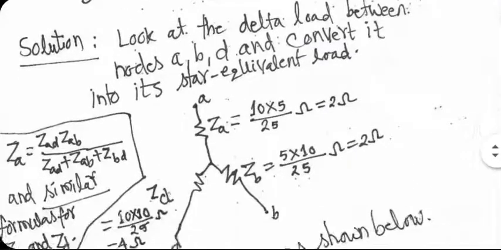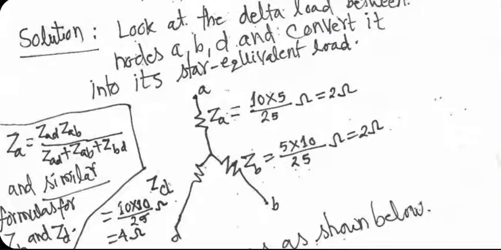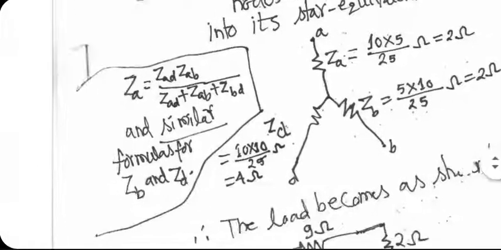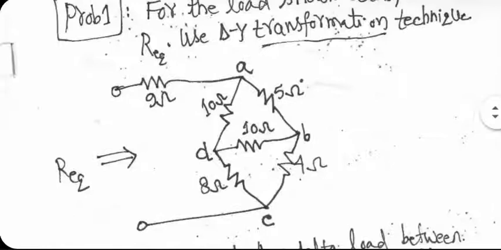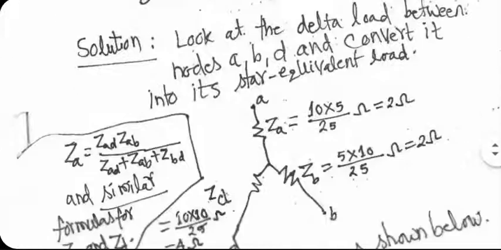Let us convert that into equivalent star. Formulas are there with you. You can do the calculations. They are repeated here again. So the star load replacement for this combo of 10 ohm, 5 ohm, and 10 ohm will be 2 ohm, 2 ohm, and 4 ohm.